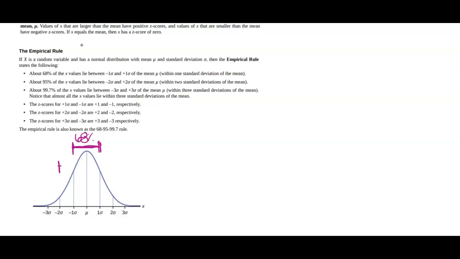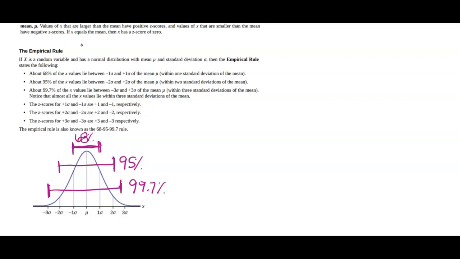Between two standard deviations, you'd have 95%, and between three standard deviations, you would have 99.7%.